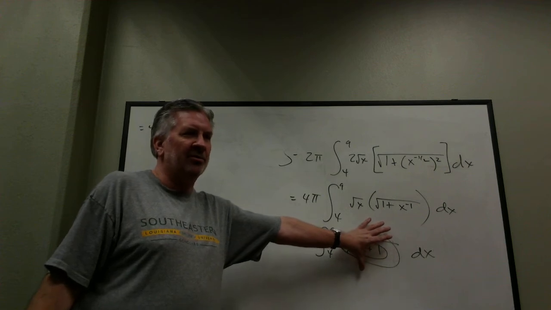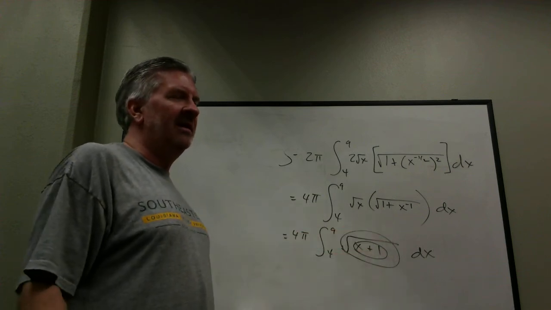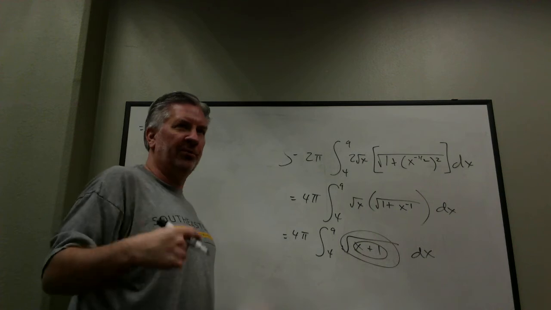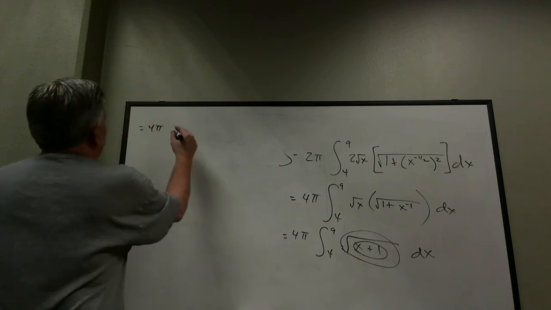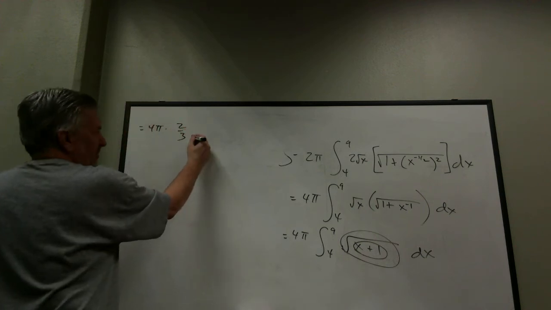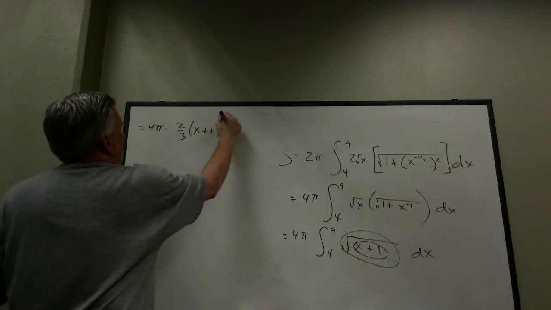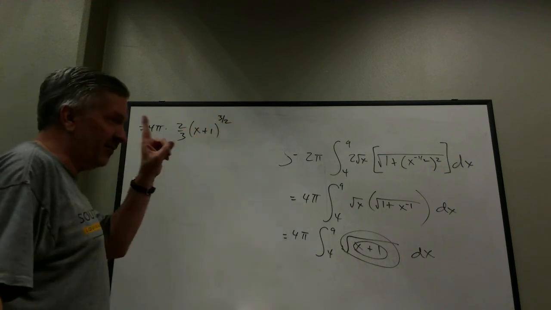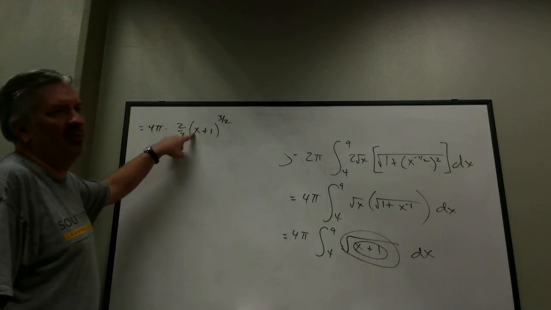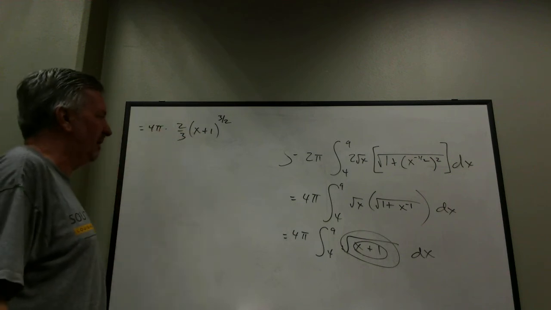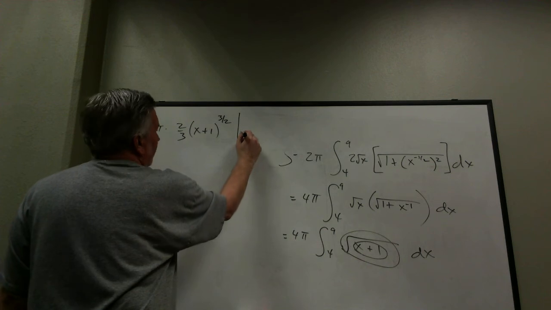What would the integral of x to the 1 half be? It'd be x to the 3 halves over 3 halves, or 2/3 linear to the 3 halves. And then I'm not going to forget to adjust for the slope this time, but the slope is 1, and so 1 over 1 is 1. You don't really have to adjust. And then evaluate it.